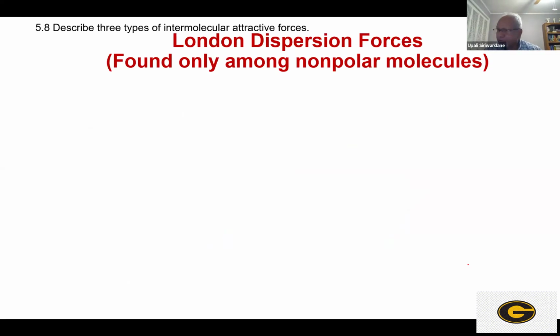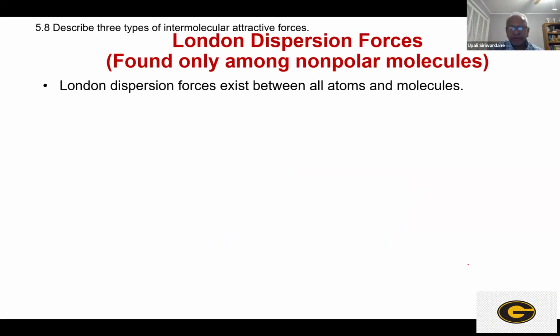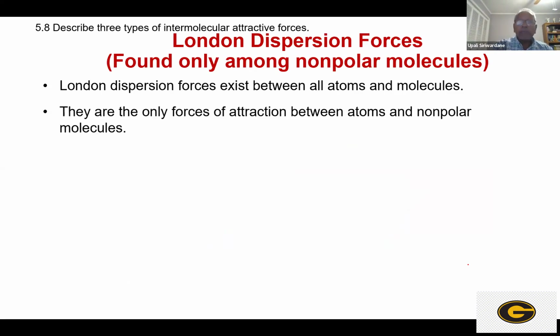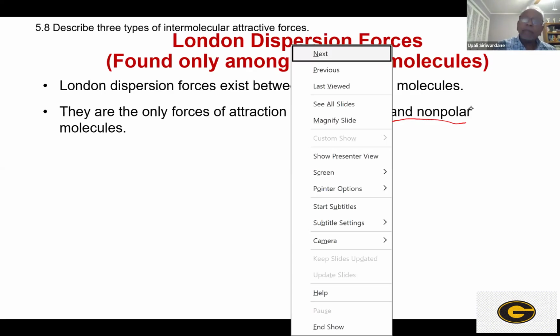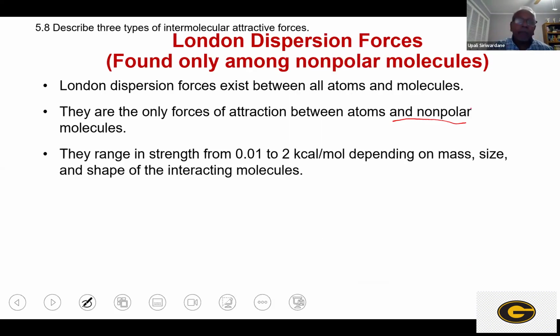Dipole attraction is the next stronger after hydrogen bonding. London dispersion force exists between atoms and molecules, mainly non-polar molecules. Their strength is weaker.